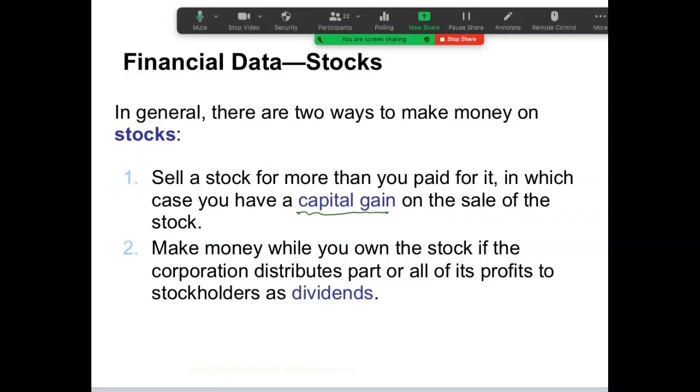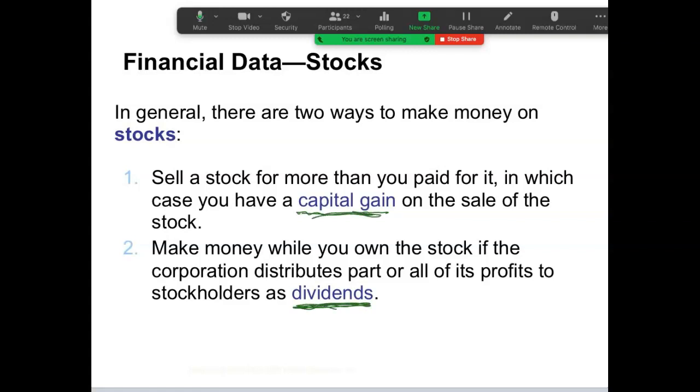The other way, certain companies, if they're large enough, is that if you own the stock and that corporation turns a profit for that year, they will pay out some of that profit to their stockholders, and that's called dividends.